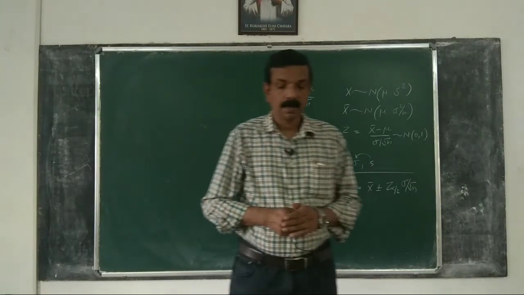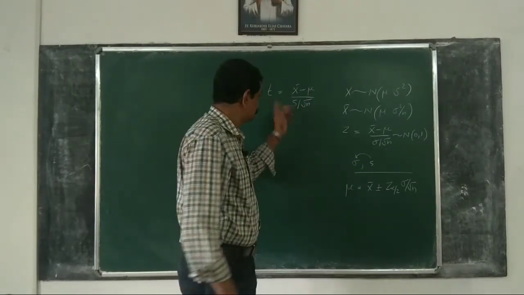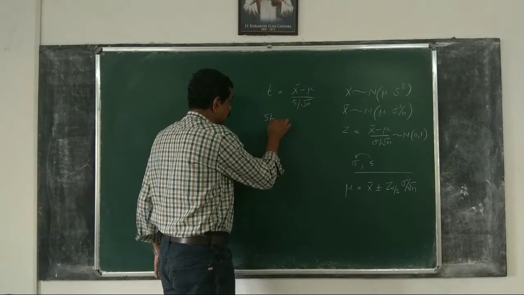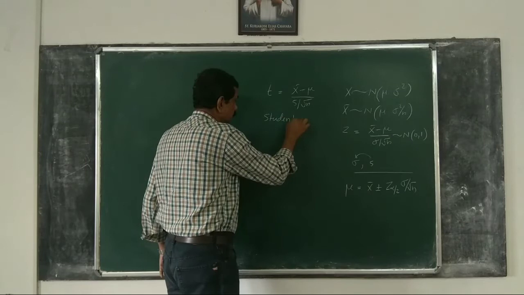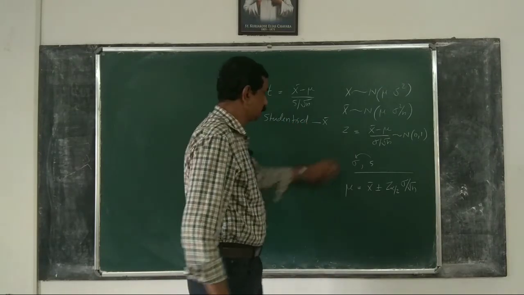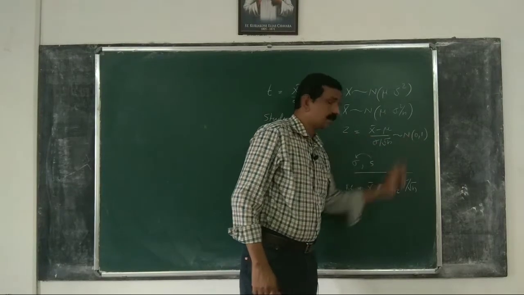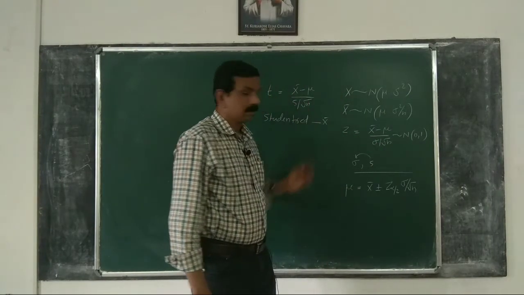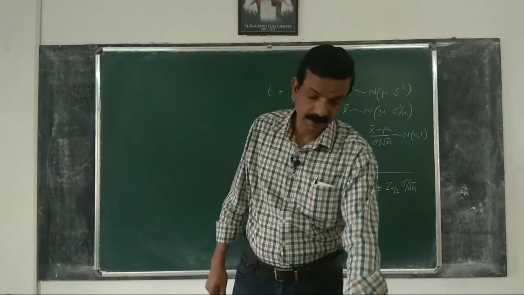And this T is known as the studentized version of x bar. This is the standardized version of x bar, whereas this quantity is the studentized version of x bar.